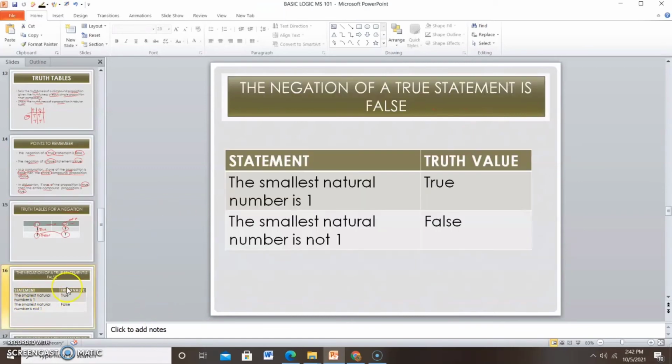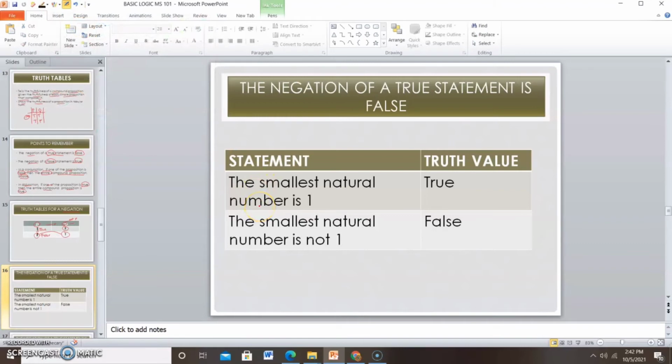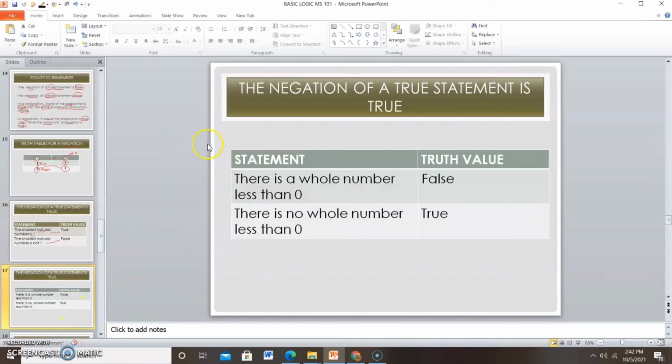How about the negation of a true statement is false? In a statement, for example, the smallest natural number is 1. This is true. Then, the smallest natural number is not 1. Automatically false. The next is the negation of a false statement is true.